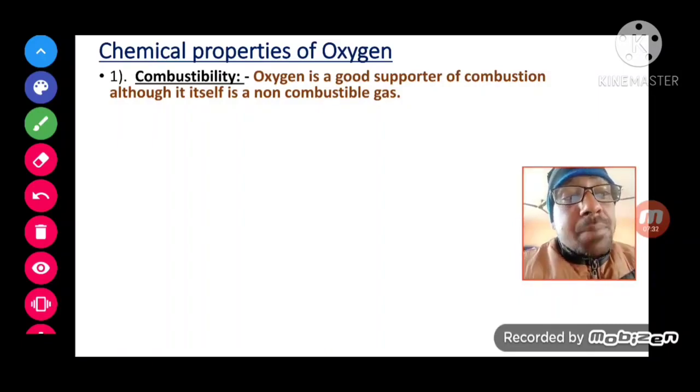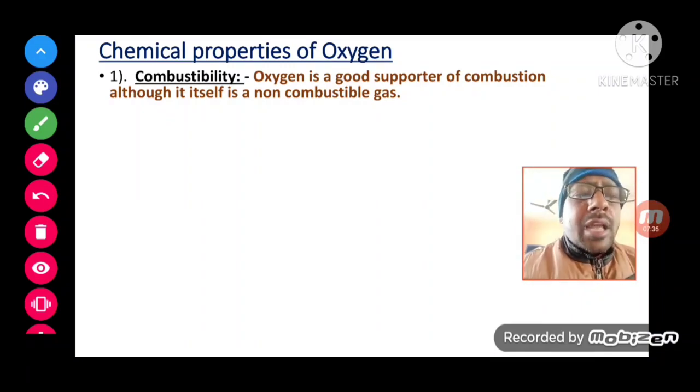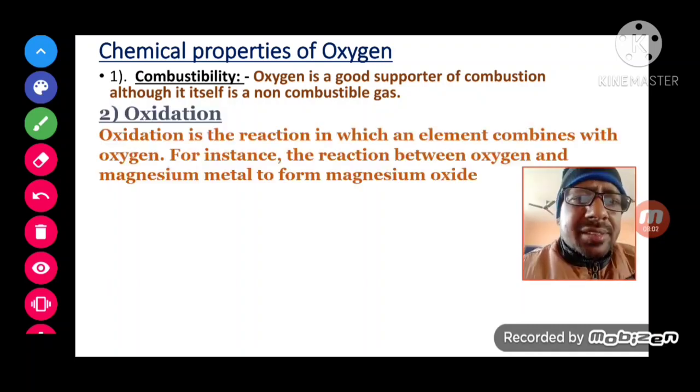Means it will support in burning, but it will not get burned itself. That's why extra oxygen gas cylinders are being used by the gas builder. Because oxygen gas supports burning, and also it helps in the increase of the calorific value, means temperature, heating temperature. Calorific value means energy, you can say that.